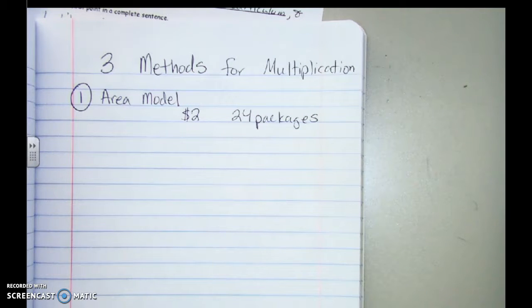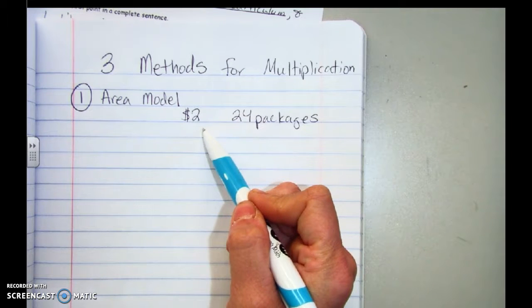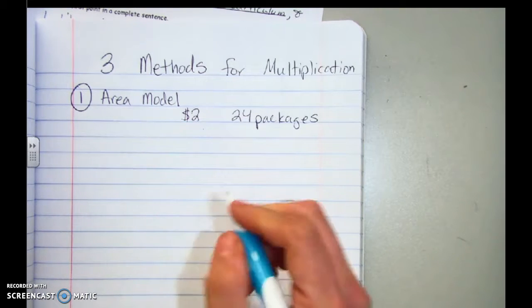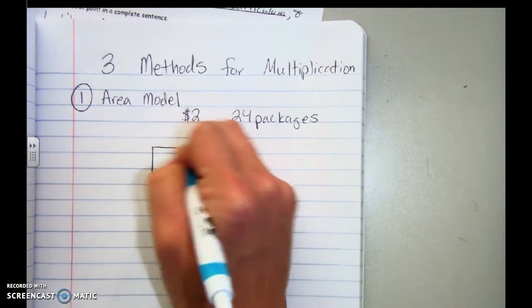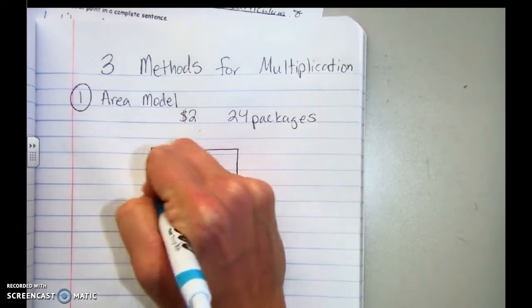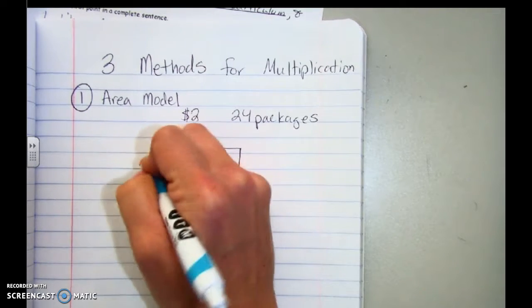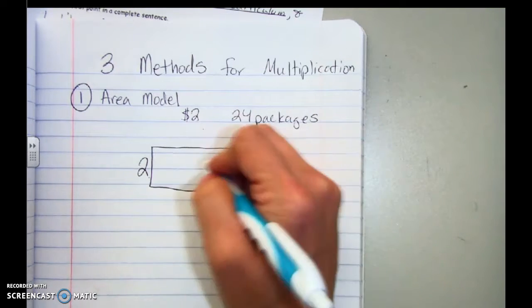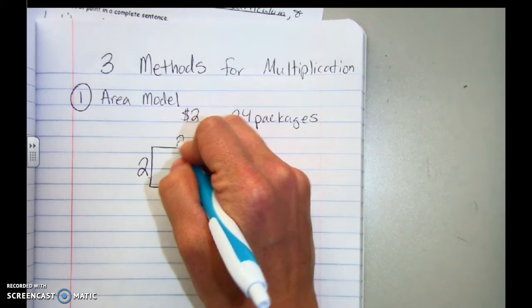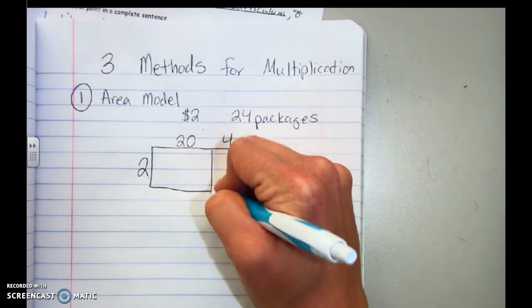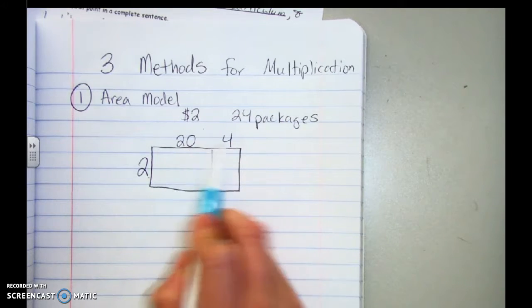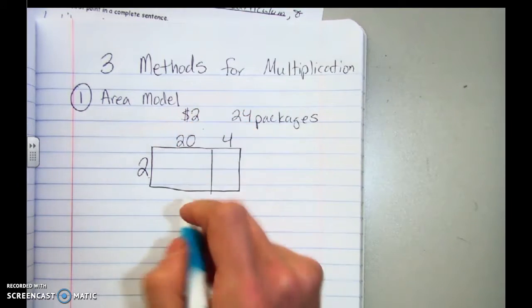Well, I know that each package costs $2. That word each is a signal to me, so I know if I'm using the area model, I still have to draw my rectangle. They cost $2, and there are 24 packages. Now, I break these up into place values, but this is also a grid.